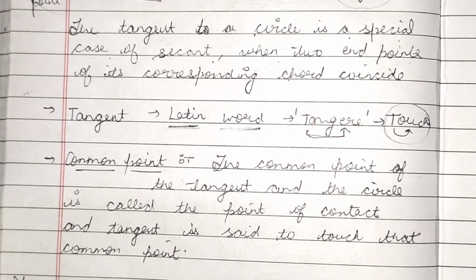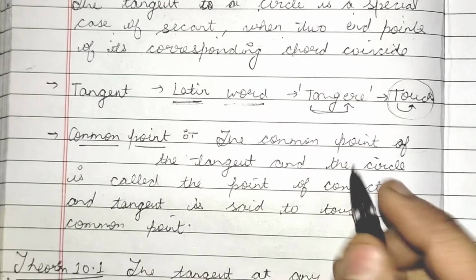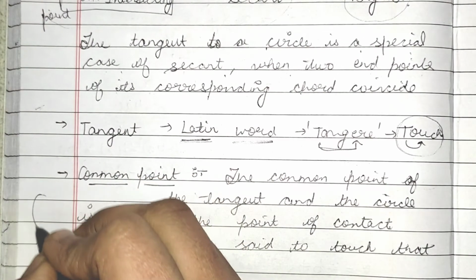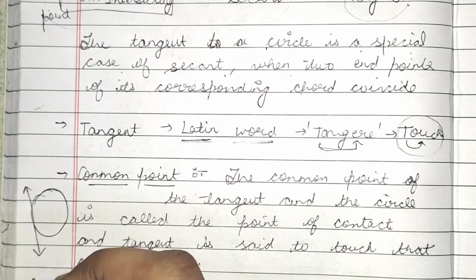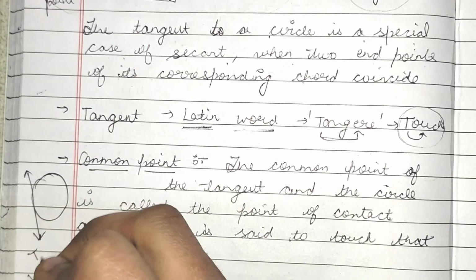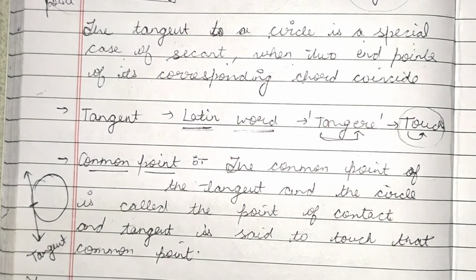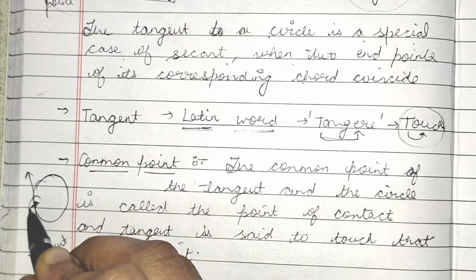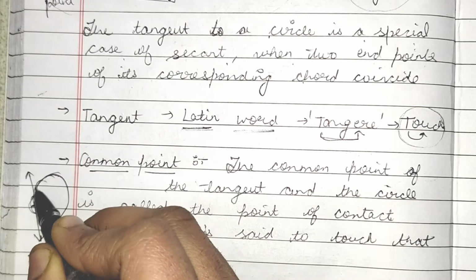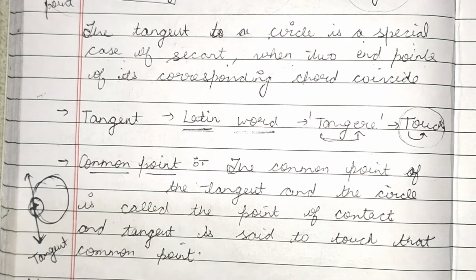See, there are two or three things. When any line is touching the circle at a single point, I have told you, this line will be called a tangent. That point is the common point, meaning both the circle and the line are passing through that point.